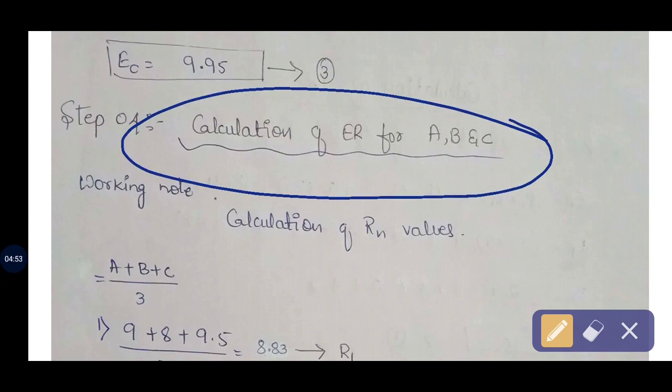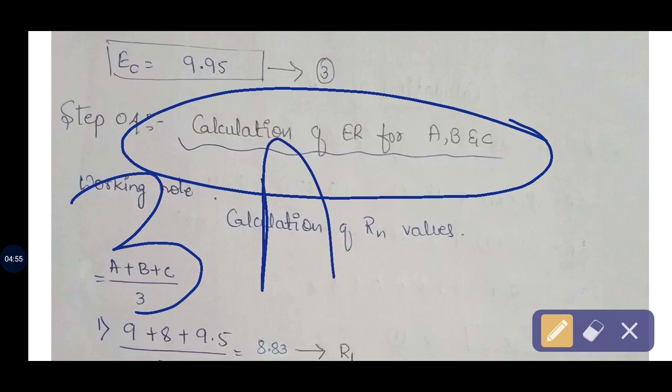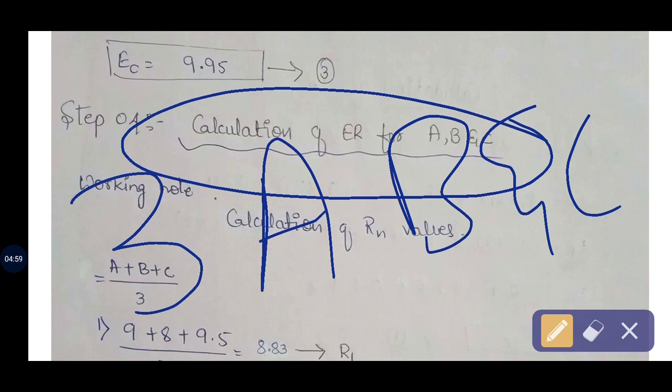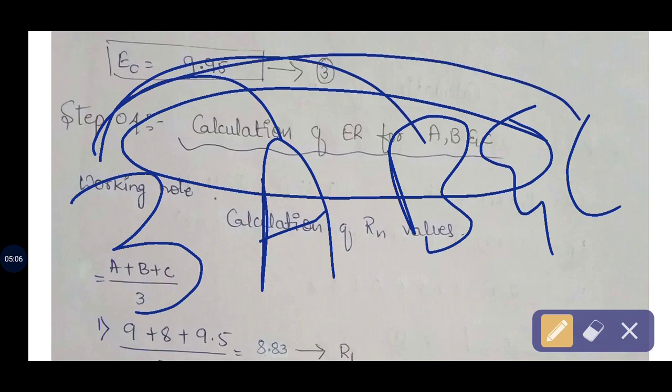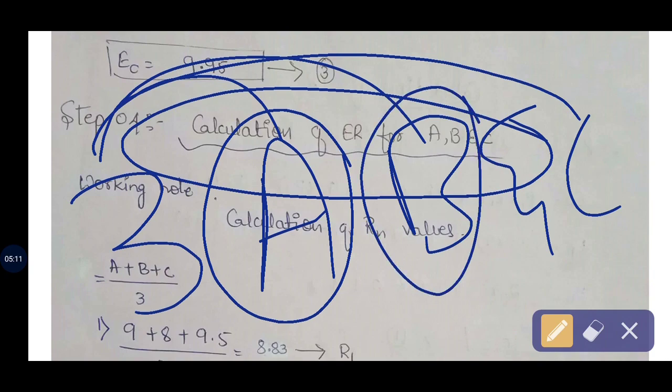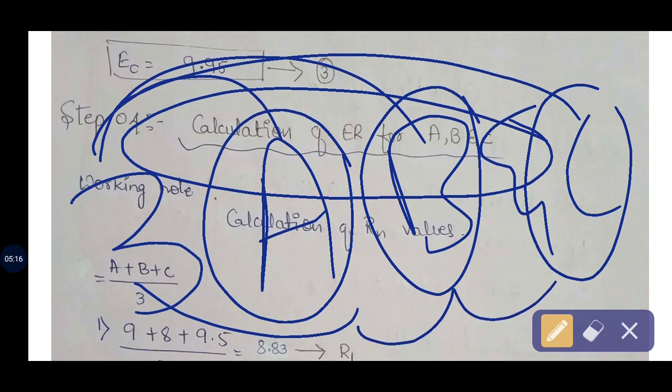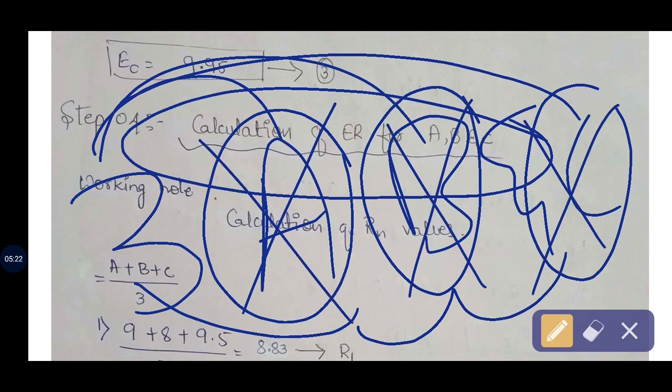In this case, we have three securities, A, B and C. If we diversify and divide our amount into three parts, investing some amount in A, some amount in B and some amount in C, what will be the expected return rather than investing in a single security?